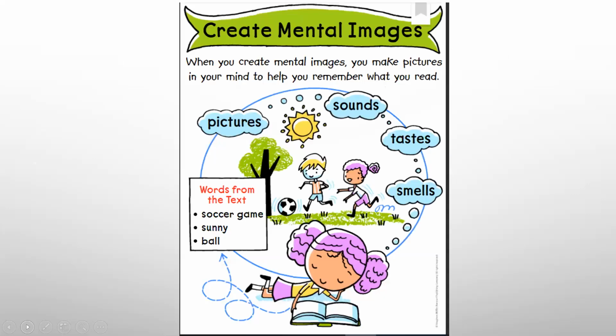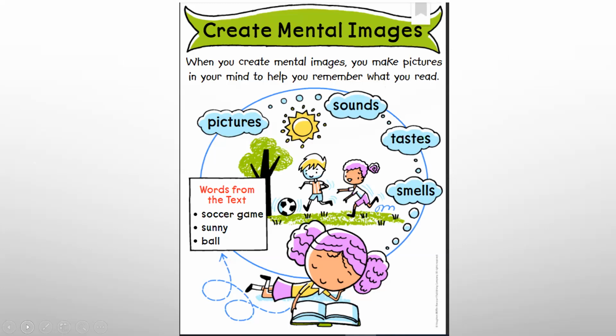So what we're learning about today is create mental images. When you create mental images, you make up pictures in your mind to help you remember what you read. This little girl is doing that. She's reading a book, and in the book it says words like soccer game, sunny, and ball.